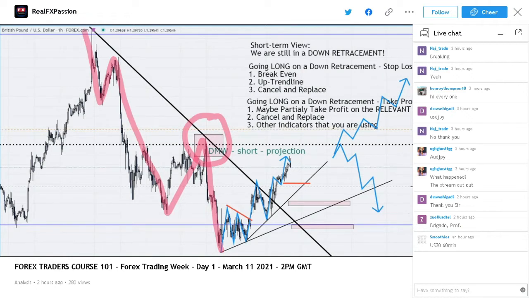Bro, while we are still here on GBP USD, since GBP is still in a downtrend, how do we want to change? Bobika, what time frame are you talking about? What time frame is GBP in a downtrend? The 1 hour, the 4 hour, the daily, monthly, weekly?